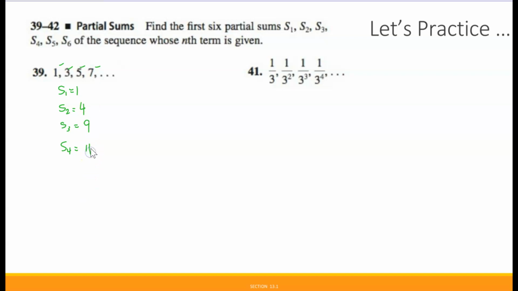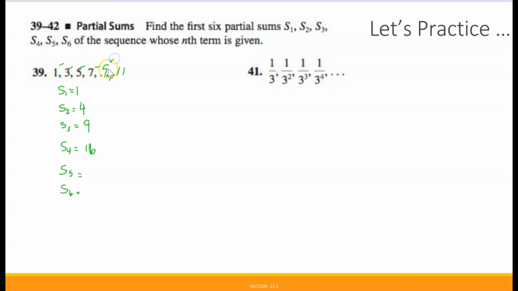Now we're ready for the first 6 partial sums, so we're going to need S5 and S6. Okay, so let's see. What would be that 5th term? We got 1, 3, 5, 7, 9, 11.